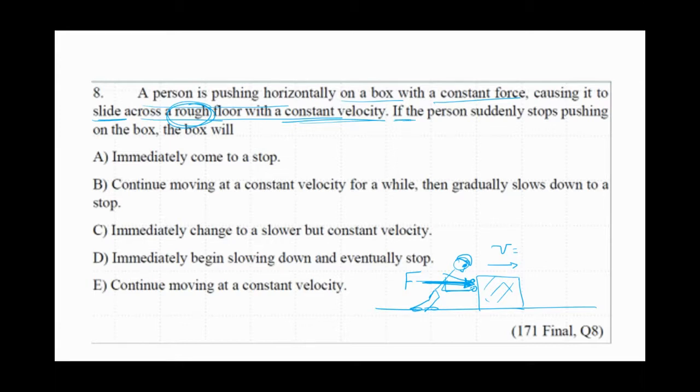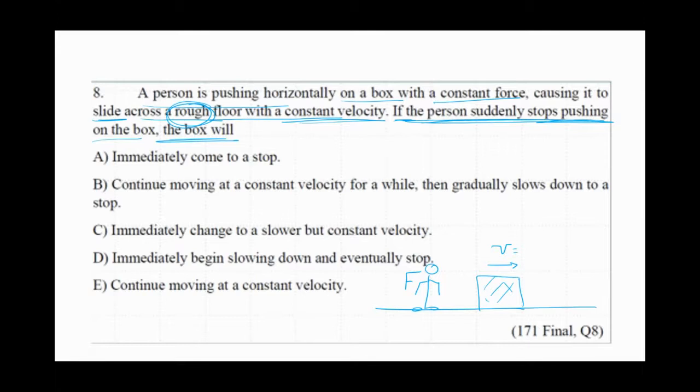Then it says, if the person suddenly stops pushing, like if you suddenly remove your force, okay? So you stop pushing the box. What will happen to the box?